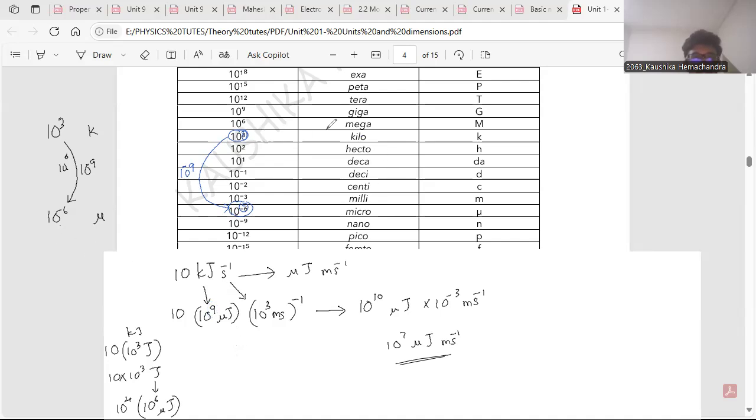Or you can convert first kilojoule to joule. That is 1 kilojoule is 10 to the power 3 joule. Then joule to microjoule, you have 10 to the power 3 from the kilo, and joule to microjoules, it's 10 to the power 6 microjoules in 1 joule. So you get 10 to the power 9 microjoules. So 1 kilojoule is 10 to the power 9 microjoules. So that is what I have put here. So 10 into 10 to the power 9 microjoules into this, you know, then you simplify. Understood?